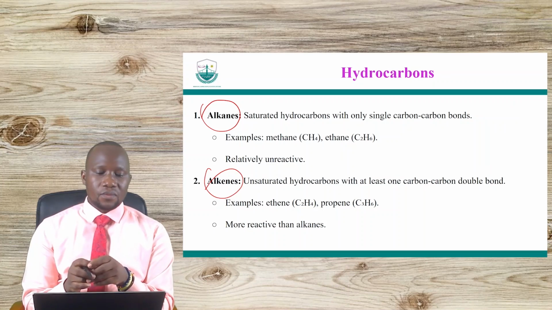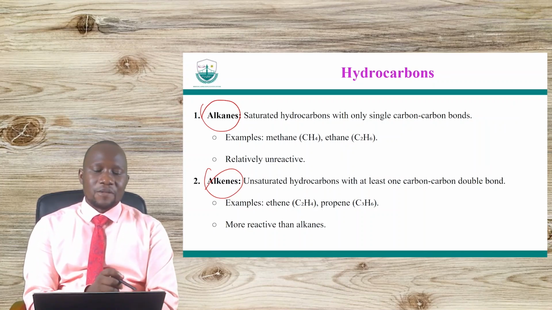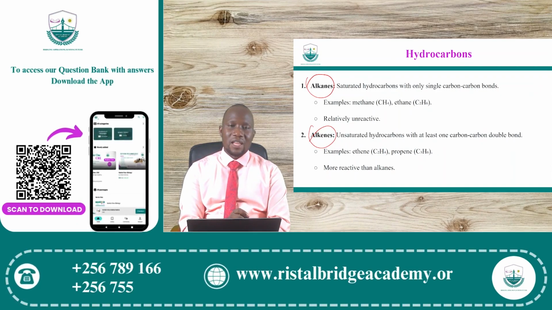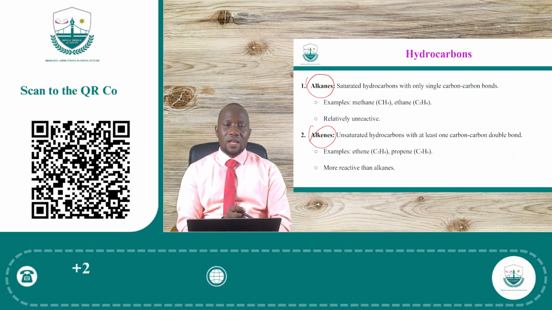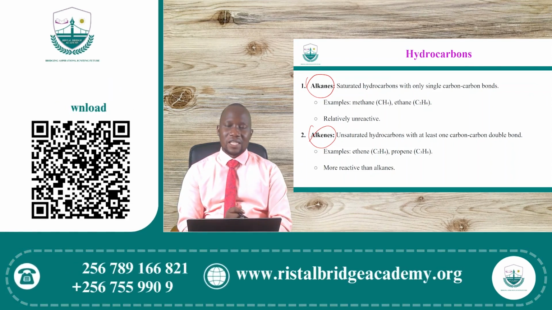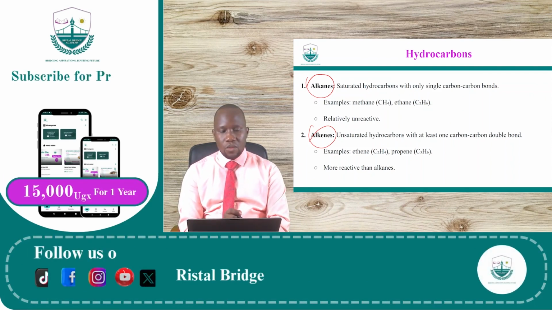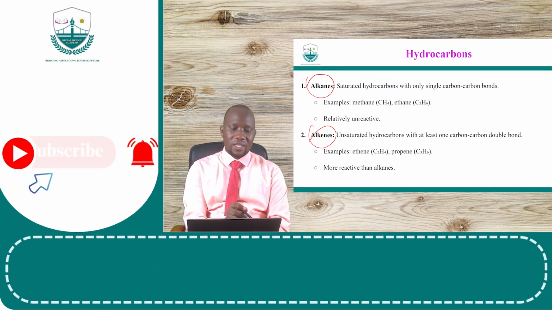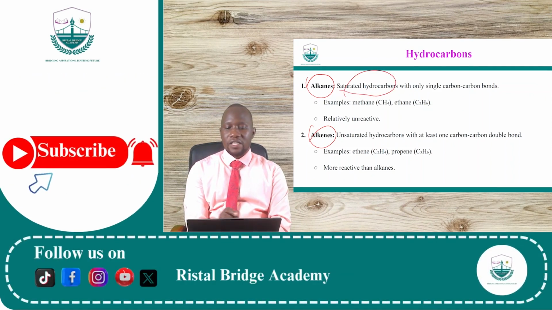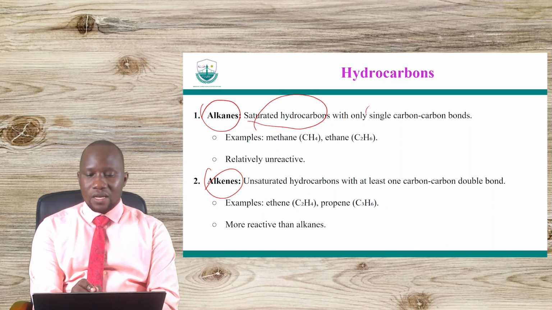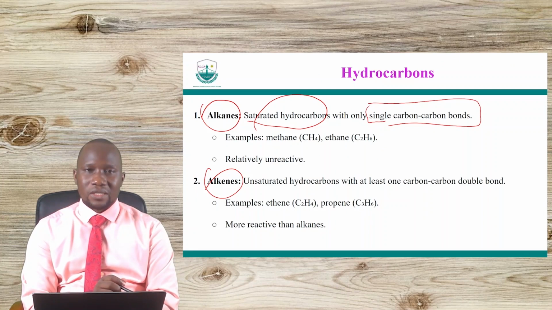For now, let's just know that the alkanes are those hydrocarbons that are saturated. What we mean by saturated hydrocarbons is that they have only single carbon to carbon bonds.